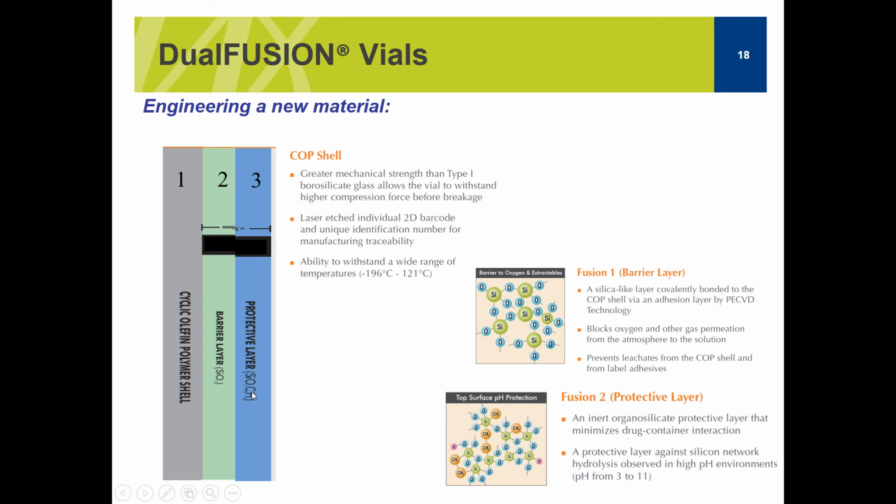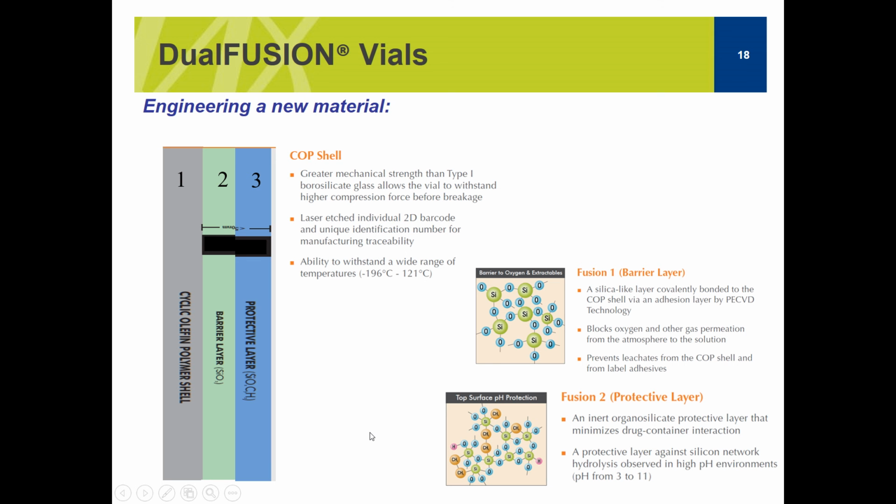Okay. Now, if you remember from our first module, that SiO2 layer is great. It's going to prevent a lot of extractables and leachables. But if you put any phosphate buffer or any kind of buffer, you're going to have a lot of silicon coming off and leaching into solution. This is why we fuse this protective layer, to make sure there is no interaction, and that if the drug formulation wants to interact with the protective layer, the OH has no space in here to break these bonds.